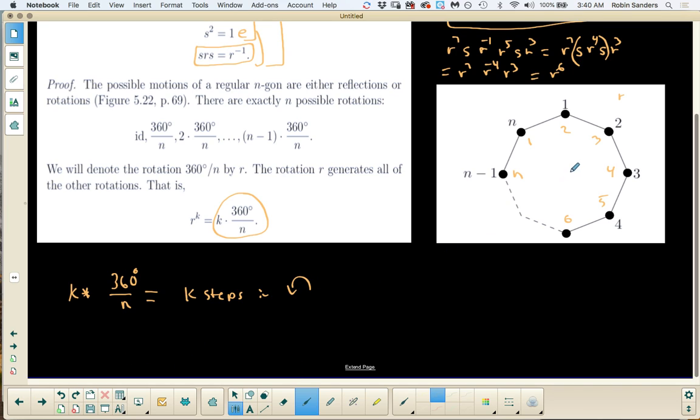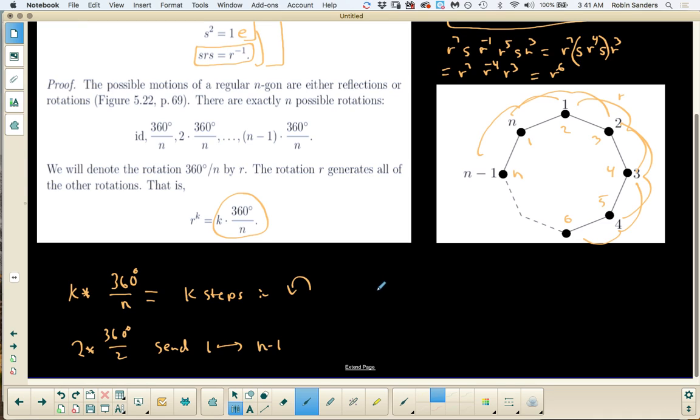In other words, R squared, 2 times this guy, would send 1 two steps away, 1, 2. So it would send it to n minus 1, and it would send 2 to n, and it would send 3 to 1, and it would send 4 to 2, and so forth.